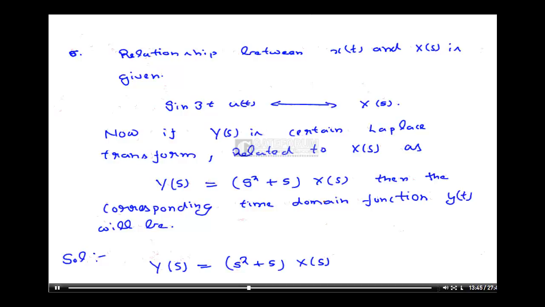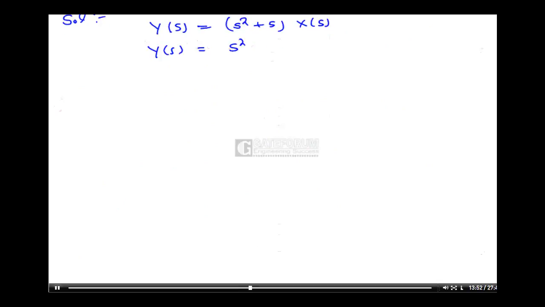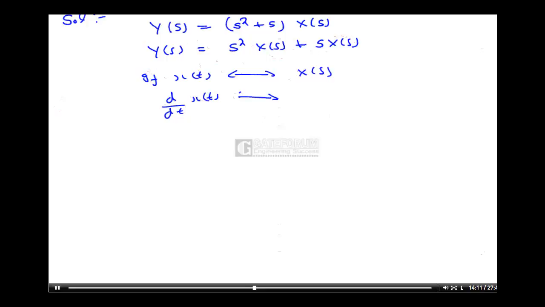Okay. Now we have to open the brackets and see that Y(s) can be written as s square into X(s) plus s into X(s). That means it is looking like that: if x(t) has Laplace transform X(s), then dx/dt will have Laplace transform sX(s).